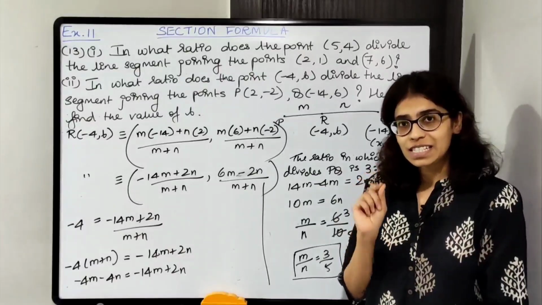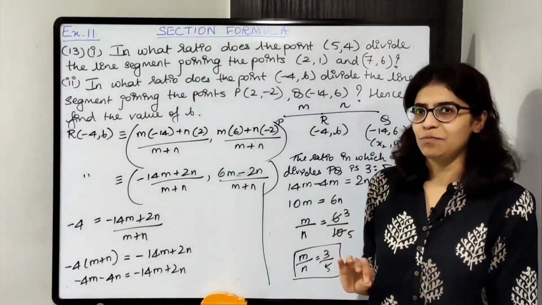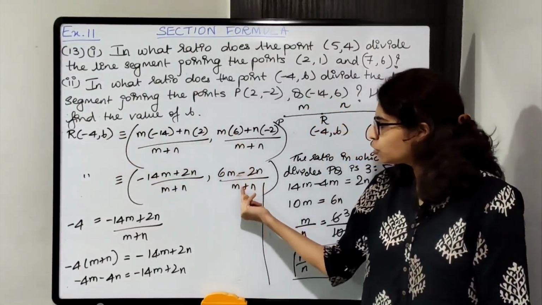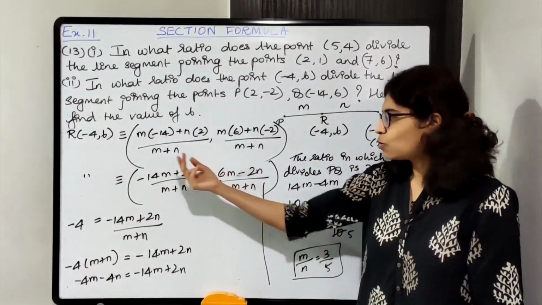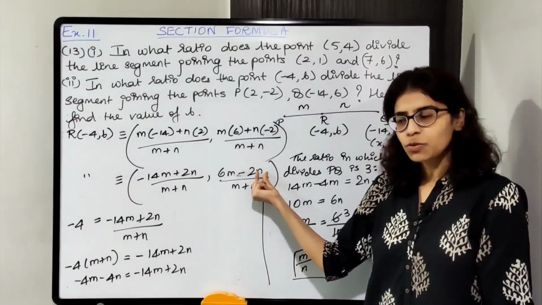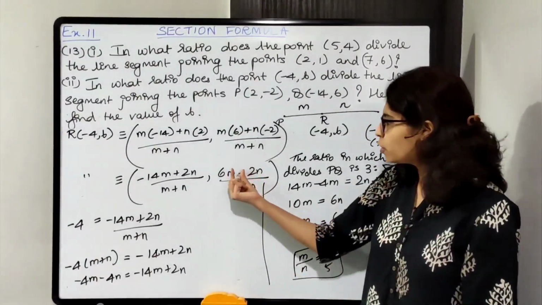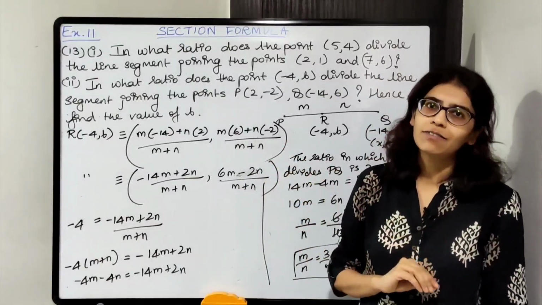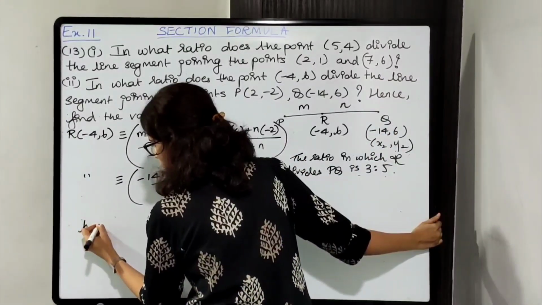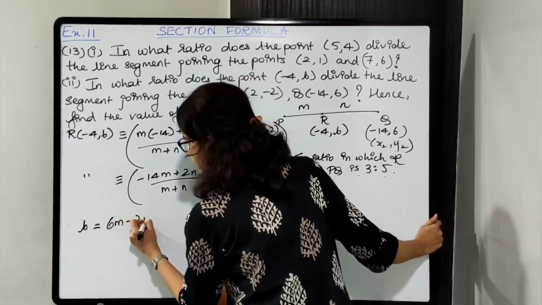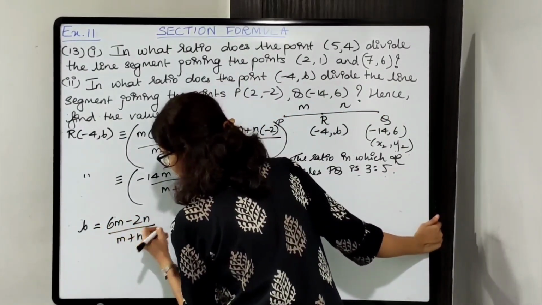Now we still have to find b, so we know that b is equal to this. We can substitute the values of m and n. Now m is 3, n is 5, so we'll put the values and find the value of b. So b is equal to 6m minus 2n upon m plus n.